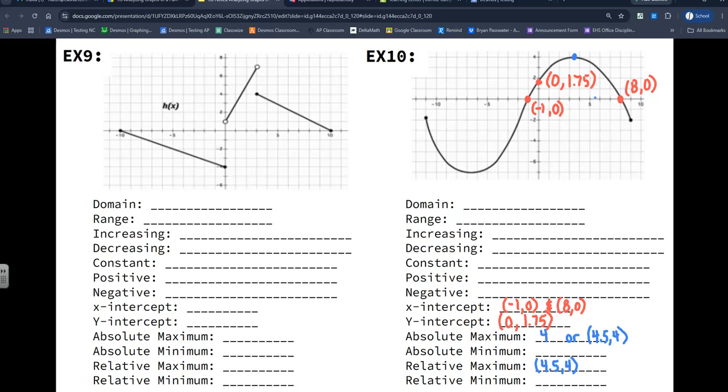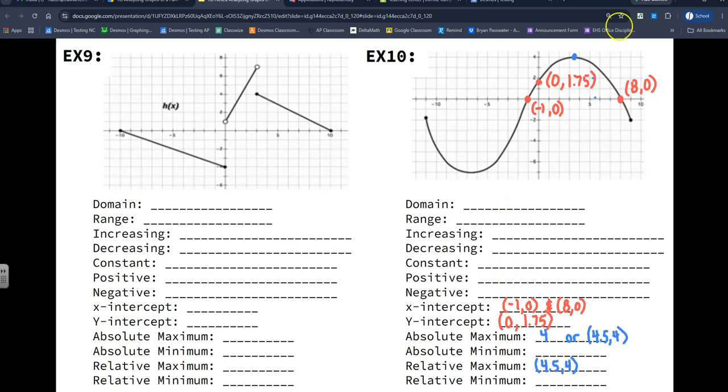So it's going to give you like a little bump like that. But what might happen is it might go back up. Is this the highest point on the graph? No, it is not an absolute maximum because it's not the highest point on the graph. But it is higher than the points around it there. But all absolute maximums are also relative maximums because they're higher than the points around it.